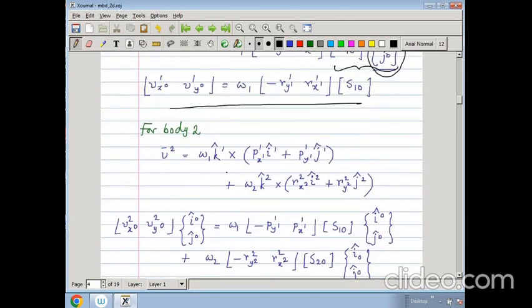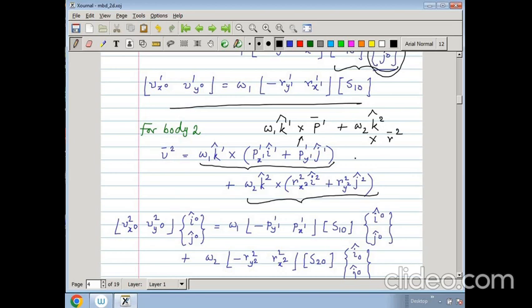This is the velocity of P, and this is the velocity of G2 with respect to P. So this is omega 1 k1 cross p1 plus omega 2 k2 cross r2, where k1 and k2 are all the same. So this is the first term and this is the second term.